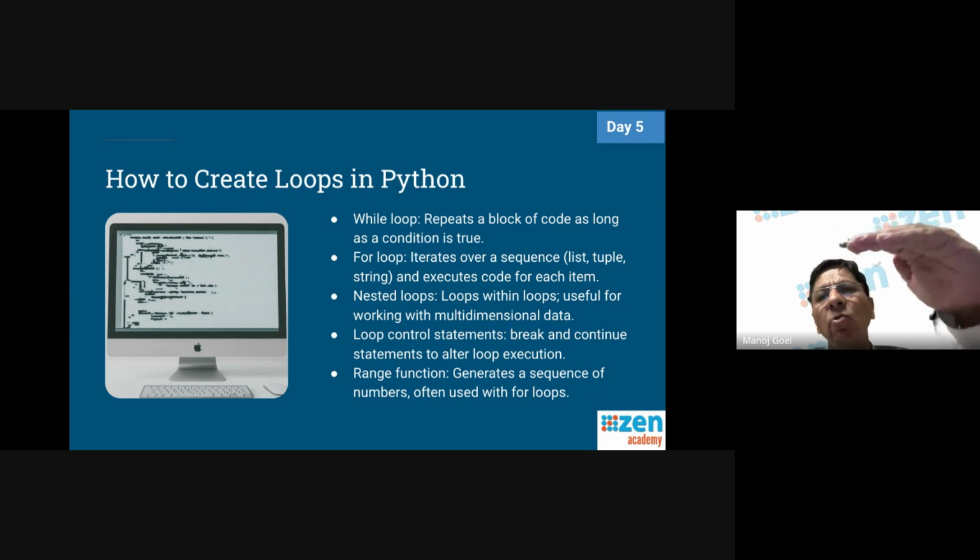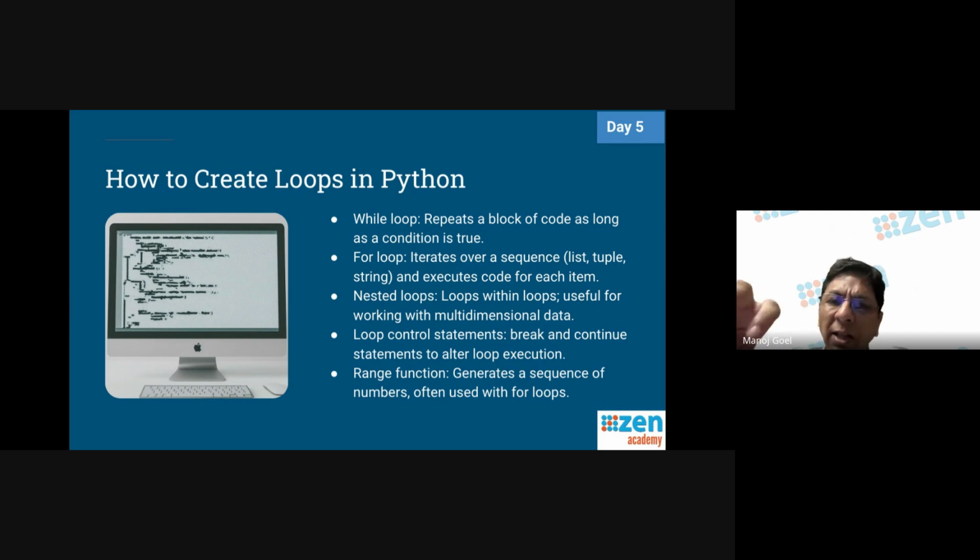Suppose you are running one loop from n equals 1 to 10, and then inside that you can have another loop, where another variable m is taken, while m is less than or equal to 100.